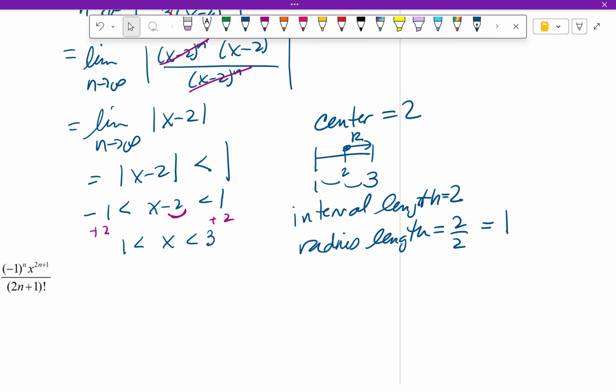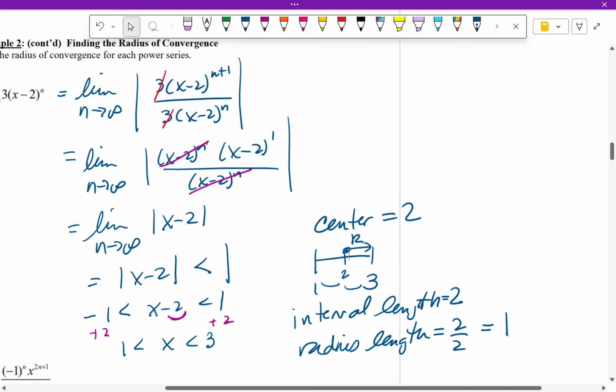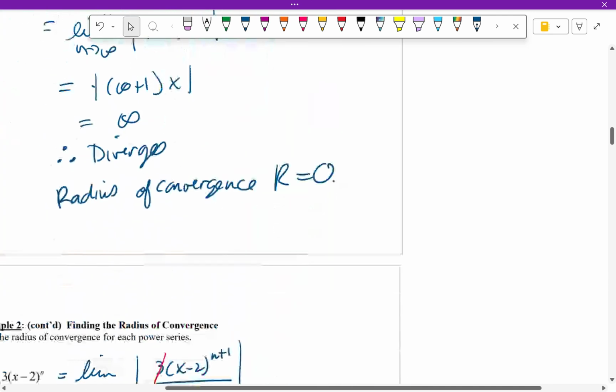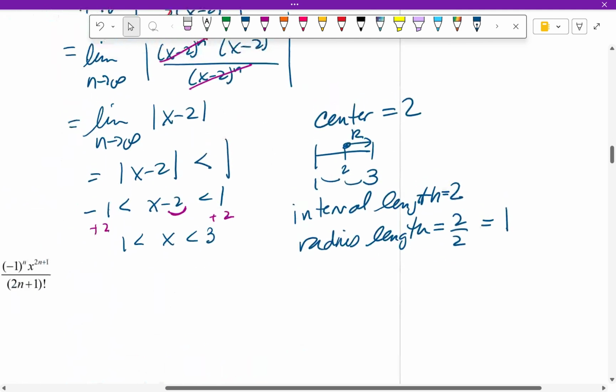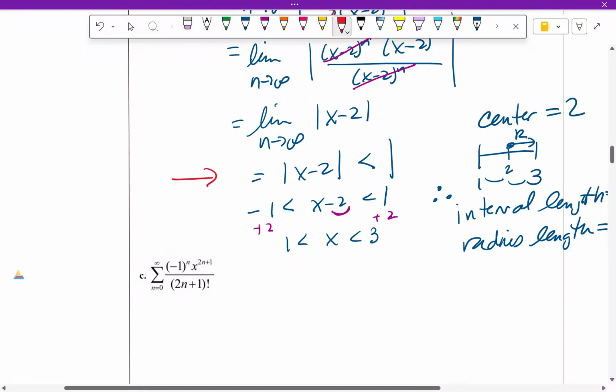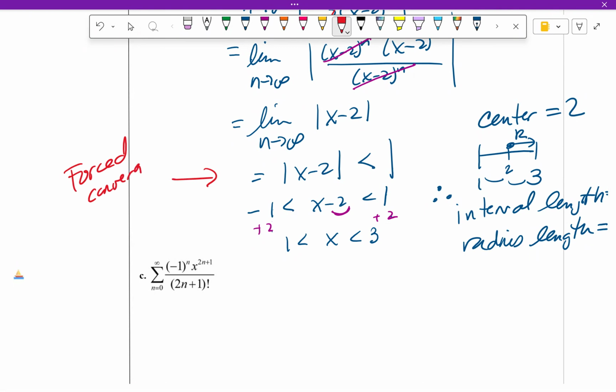All right, so we've now seen scenario 1 and scenario 2 up here from the box, right? How would we write the therefore? All you would just do is, I would say, therefore, the interval is length 2 and the radius is length 1. Okay, yeah. Because we forced convergence, right? Right here in this line, we forced convergence by ratio test.